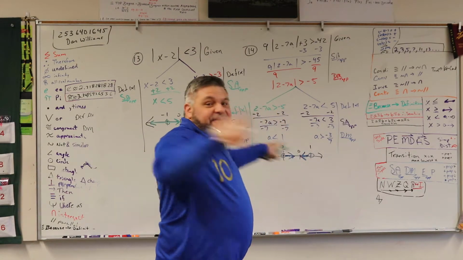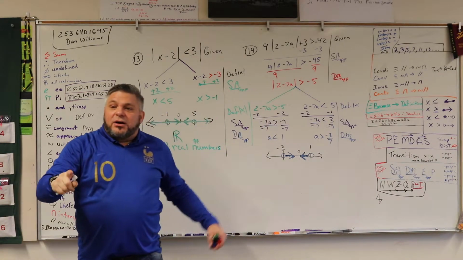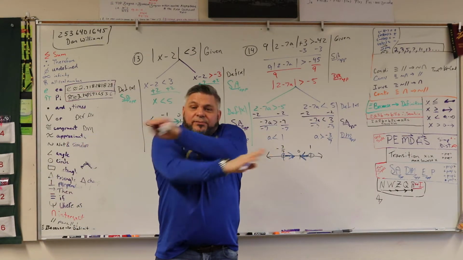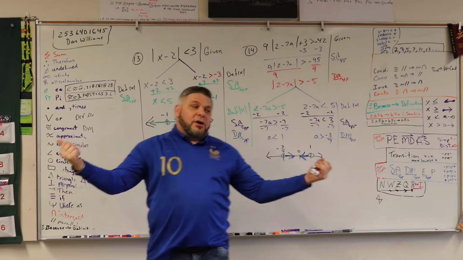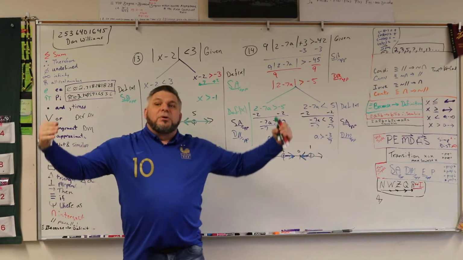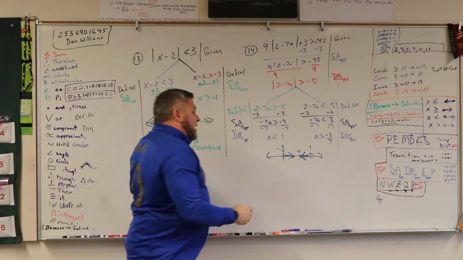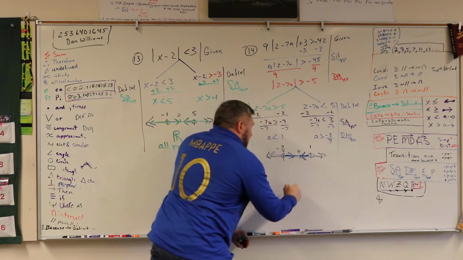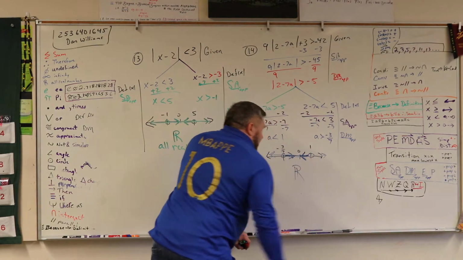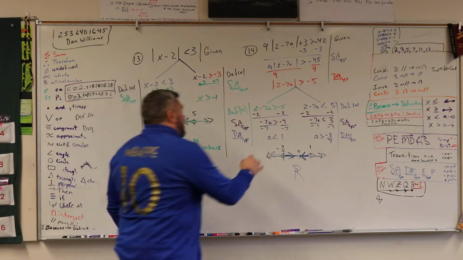Absolute values are either going to go towards each other or away. When we go away, it's not going to be all real numbers. But when we go towards, we cross over each other and it becomes all real numbers, right?